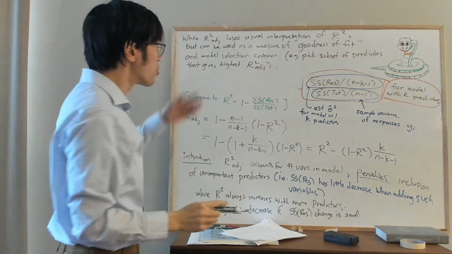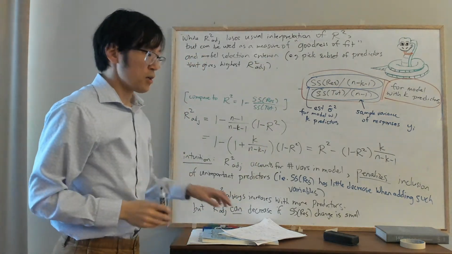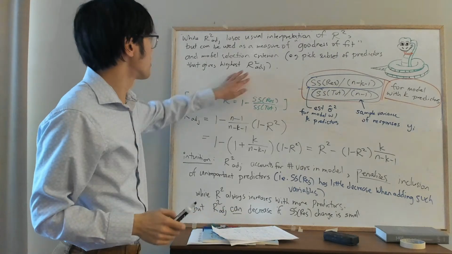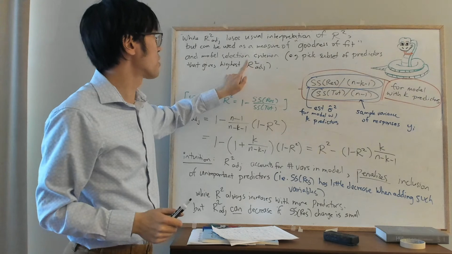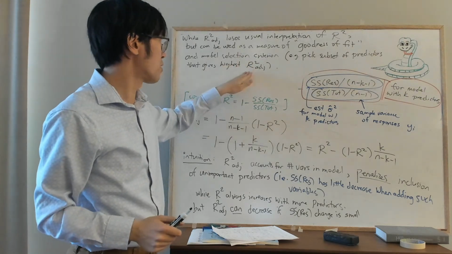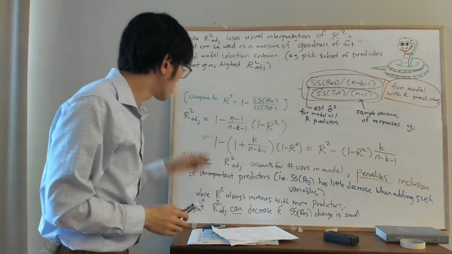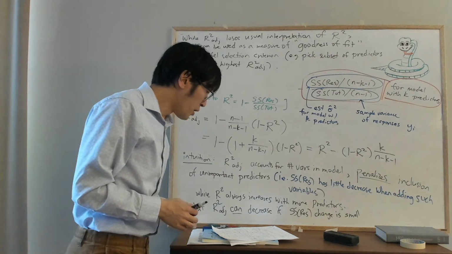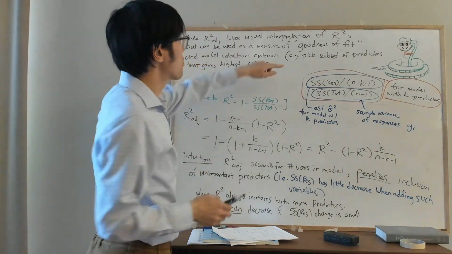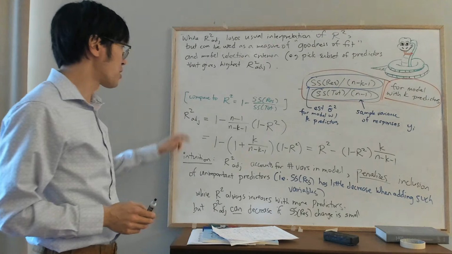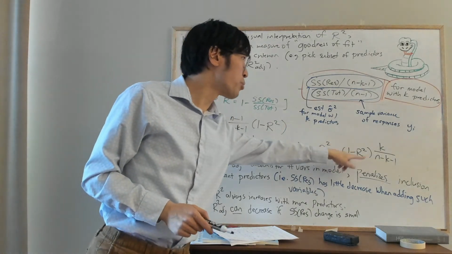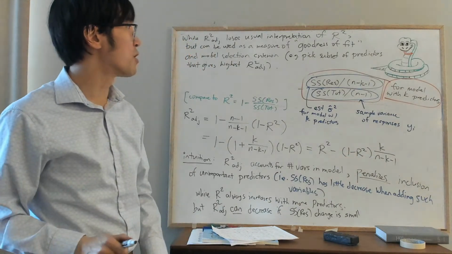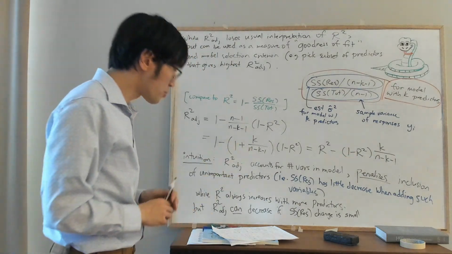That would be an example of a metric that we calculate, and we can compare a whole bunch of different subsets of predictors using this R squared adjusted. We can use it as a measure of goodness of fit because it builds in an adjustment to penalize us if we throw in irrelevant predictors.